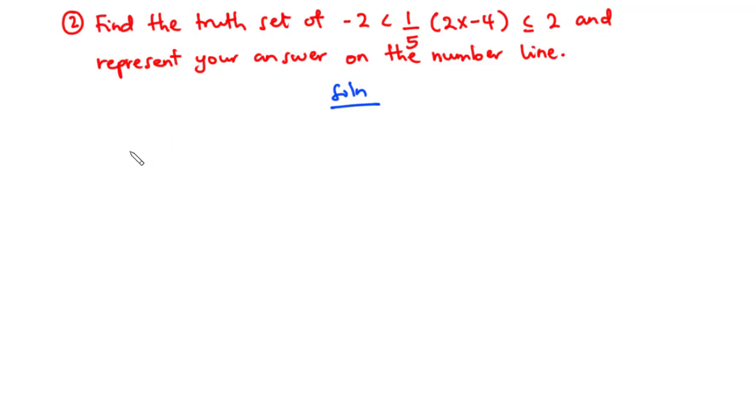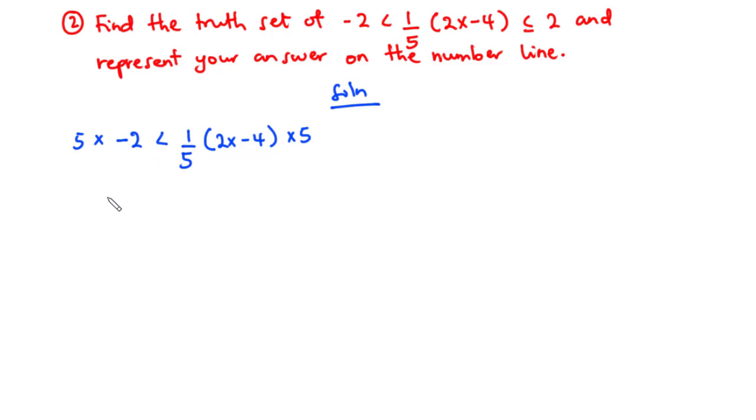So we have -2 is less than 1/5 times 2x minus 4. Now because we have a fraction, we need to do away with the fraction. So we are going to multiply each of the terms by 5. So we have times 5 and then times 5.